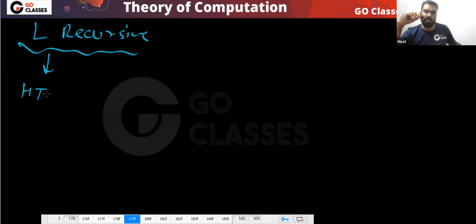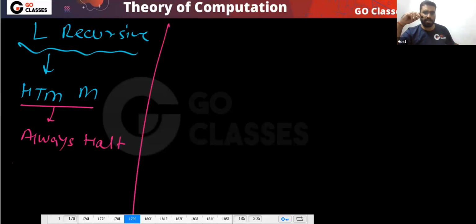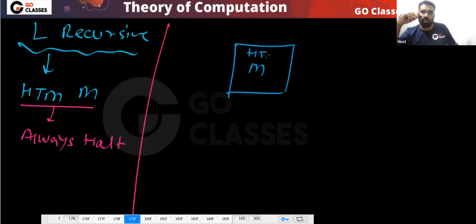If L is recursive, then it means there is a halting Turing machine M. It will always halt. Correct? So what will this halting Turing machine M do?